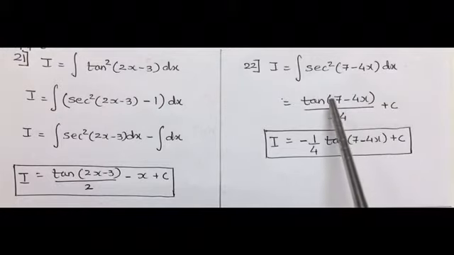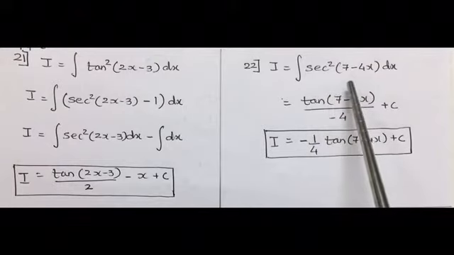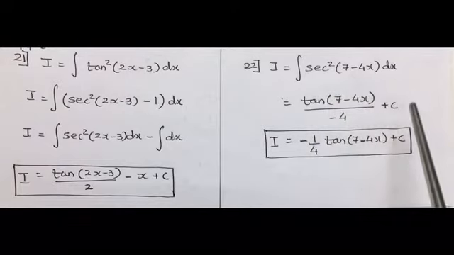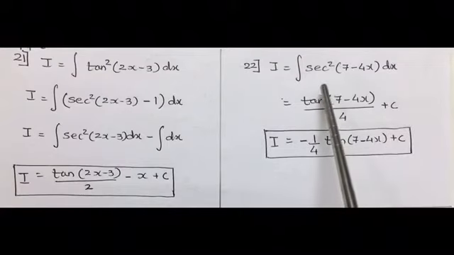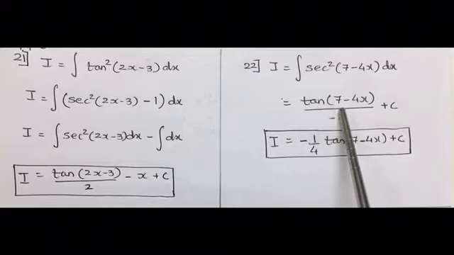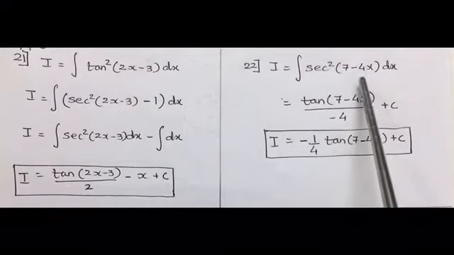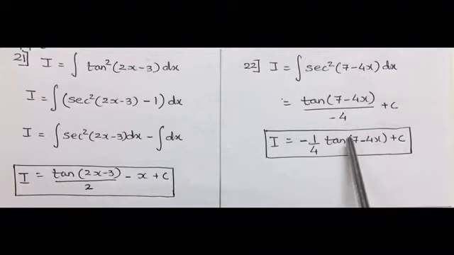The 22nd one is integration sec square 7 minus 4x dx. Integration of sec square is tan. So tan 7 minus 4x divided by minus 4 as the coefficient of x.